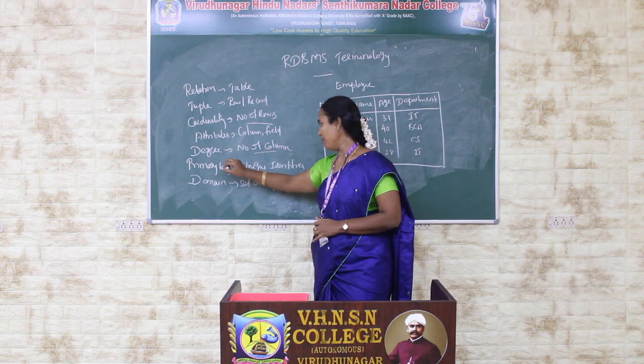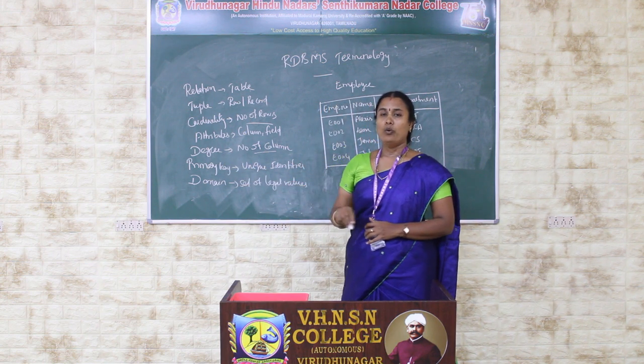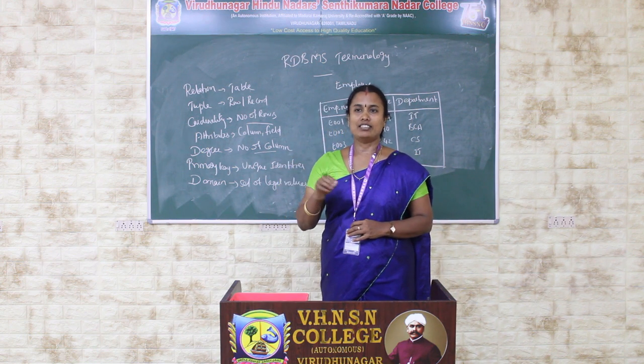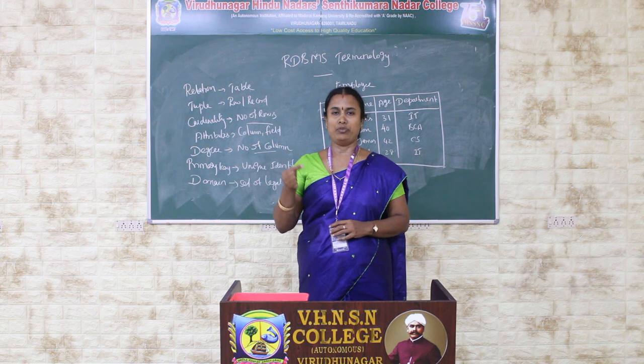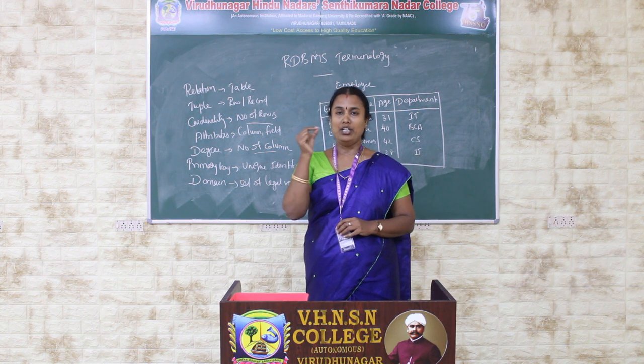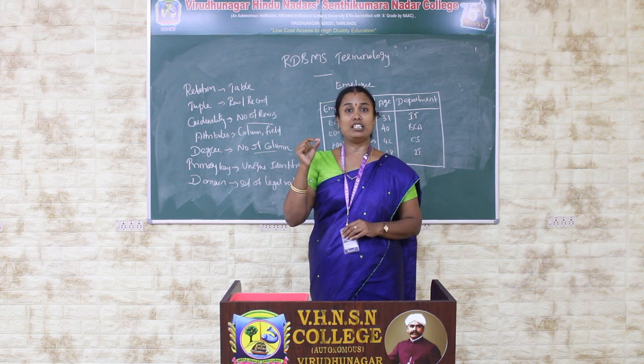Okay. The next, primary key. What is the primary key? It can be called the unique identifier. Why can the primary key be called a unique identifier? In this class, the same name may belong to more than one student. For that, we are not able to identify an individual student's mark along with the name. That is very difficult.